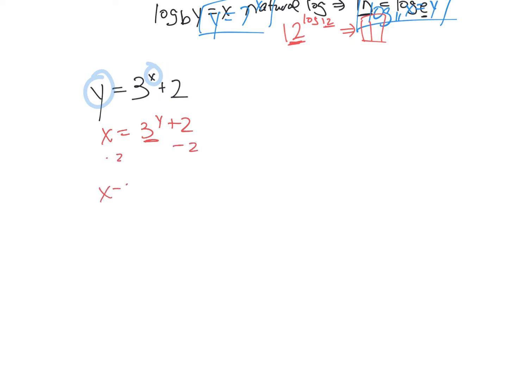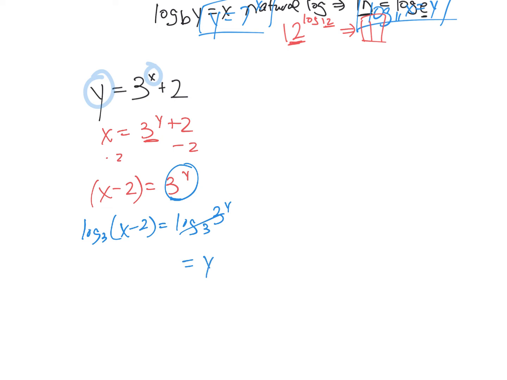So we get x minus 2 equals 3 to the power of y. We're going to put parentheses around that because remember that we have to keep that together. To undo exponential, I'm going to write the word log base 3 on both sides. And then I'm going to bring this down. This becomes my of statement. Log 3 of 3 cancels out and becomes 1. So we get log base 3 of x minus 2 equals y.